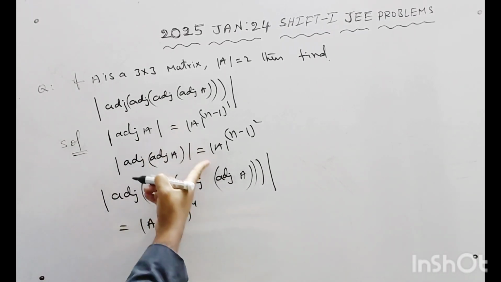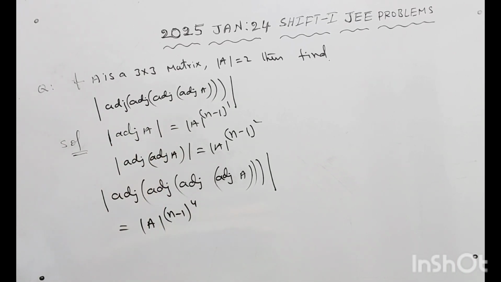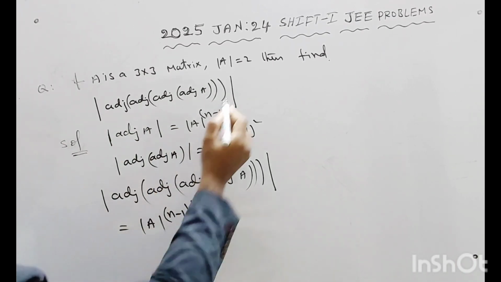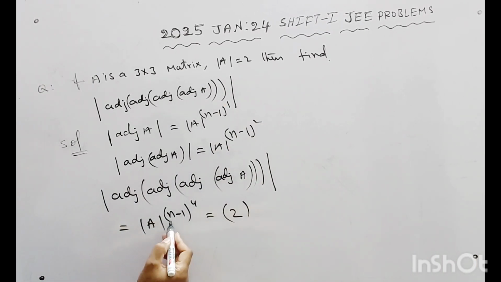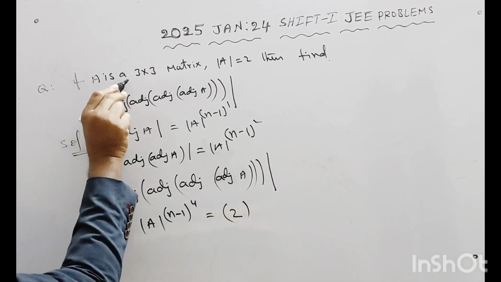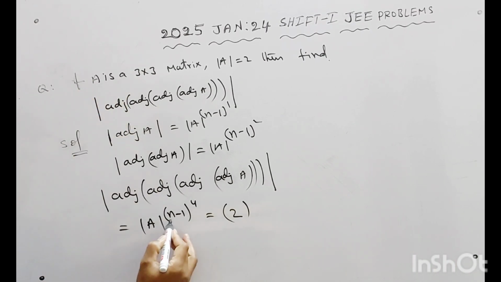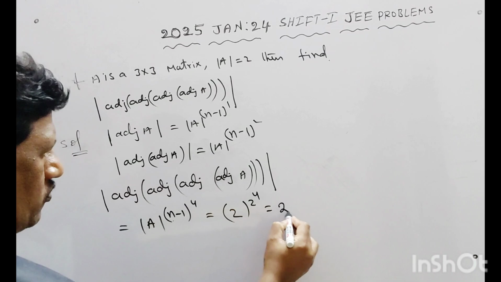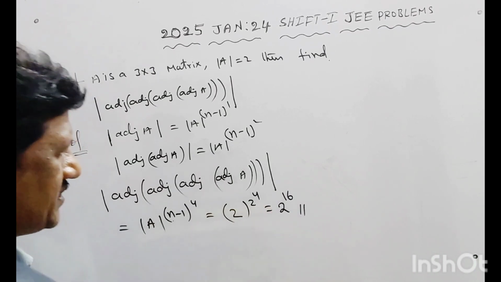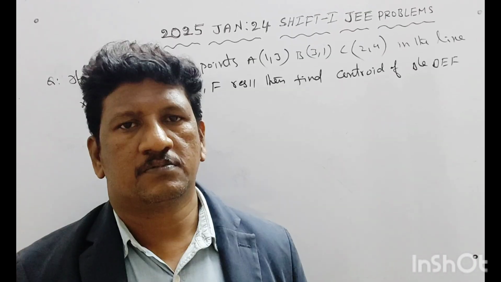The det A value is already given as 2, where n is the given matrix order, that is 3. So 3 minus 1 is 2, and 2 to the power of 4 is nothing but 2 to the power of 16. That is the answer for this question.